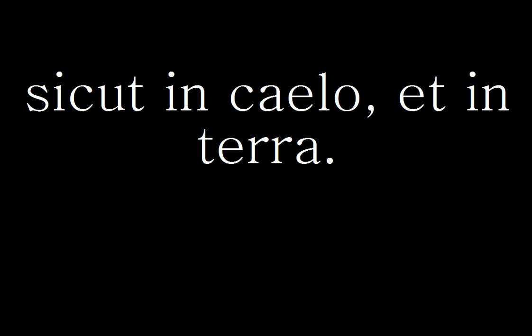Sicut in caelo, et in terra. Notice that terra is a two-syllable word. English people, you see a double R, you pronounce it once. The Romans, two R's are sounded. Terra. We have two distinct syllables.